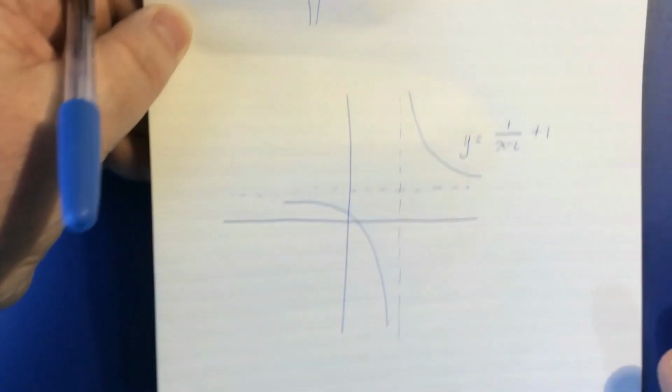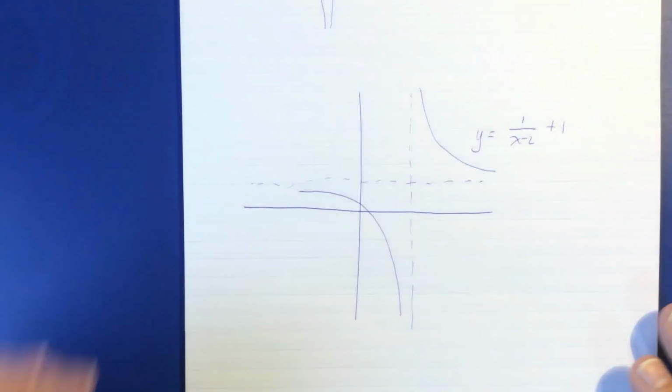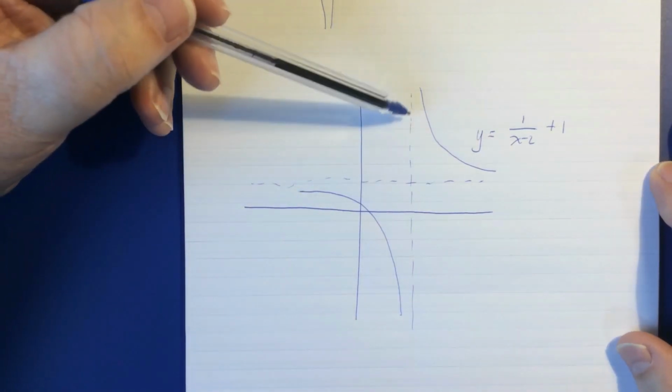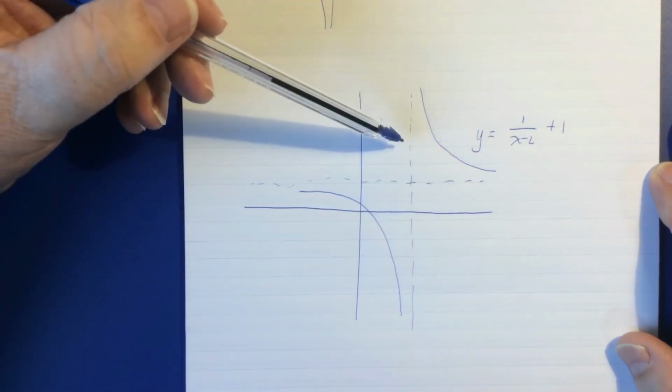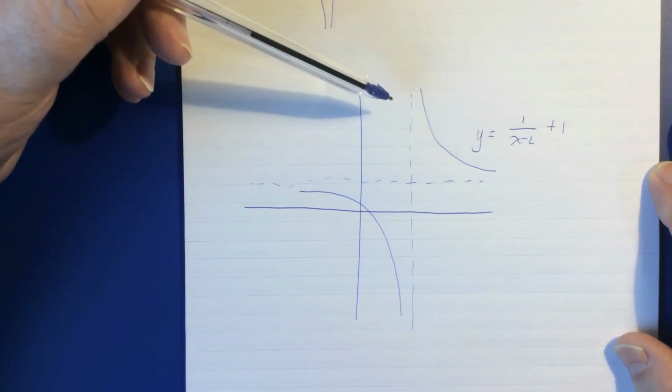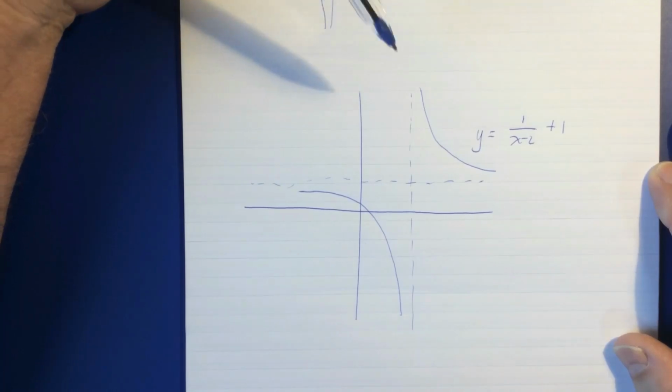Okay, so here's a slightly more complex example of the same thing, where you can see that I've done a couple of things to try and illustrate the effect of domain and therefore range.